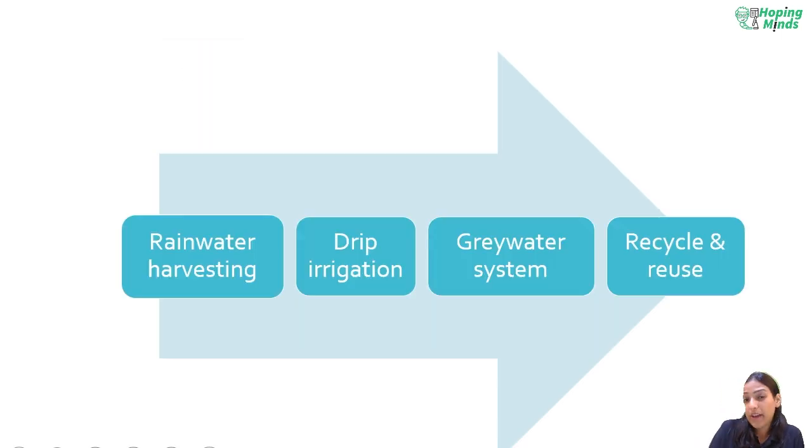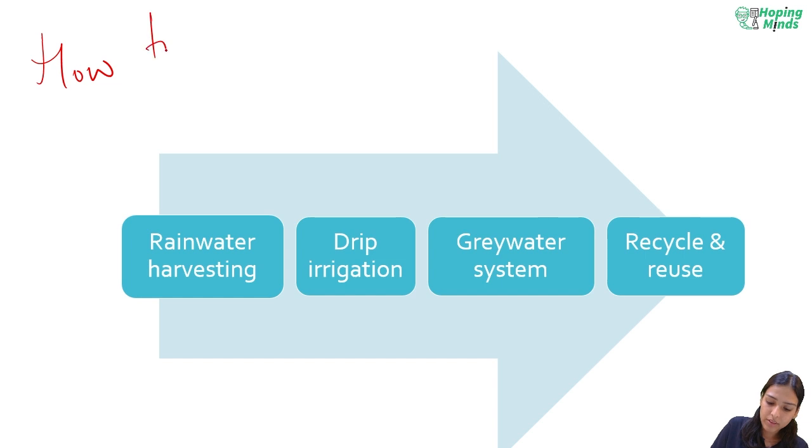Now that we know why we should be conserving water, we have also done various case studies in our previous module where we studied about a district in Maharashtra, about how water is being depleted, about how Amazon rainforests are being depleted, about how the Western Ghats are suffering so much. All of those studies, while keeping in mind, should be a gentle reminder as to why we need to conserve water.